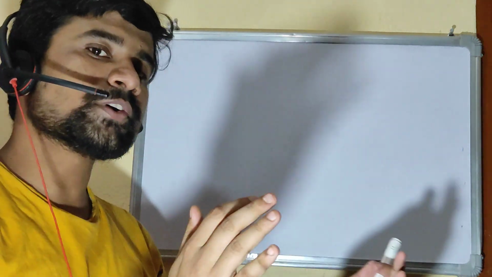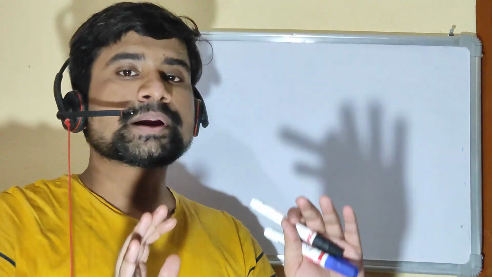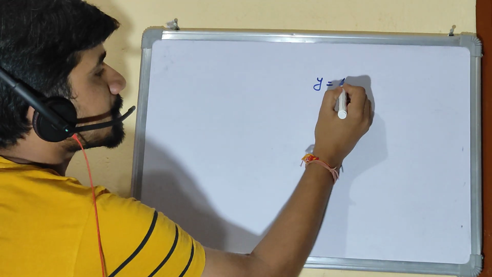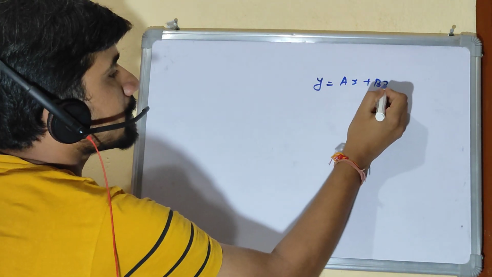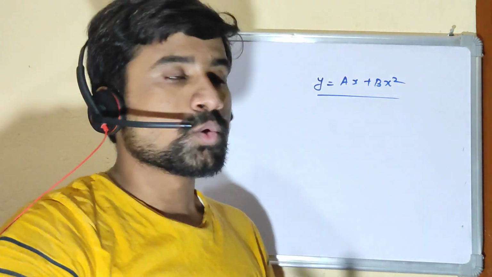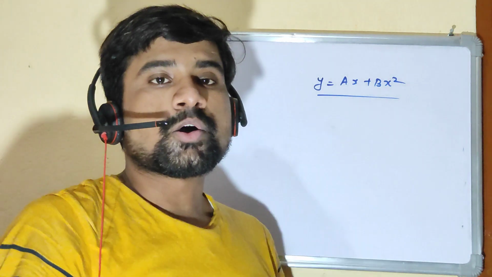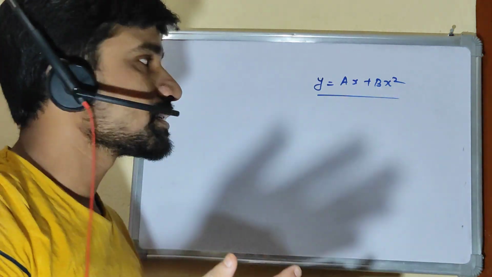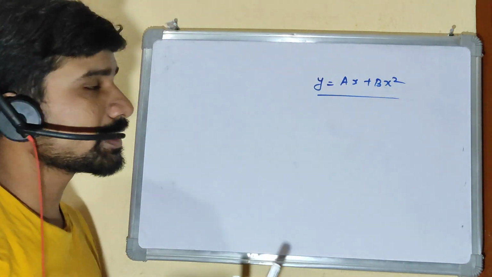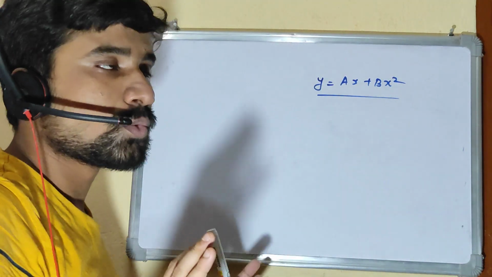You will come across what a parabola is in your mathematics, but as of now understand that if the general expression is y equal to ax plus bx squared, this signifies a parabola which is open towards the plus or minus y direction.